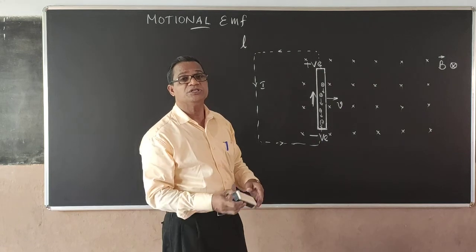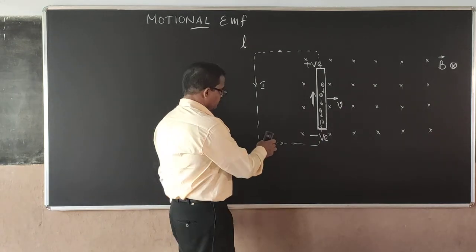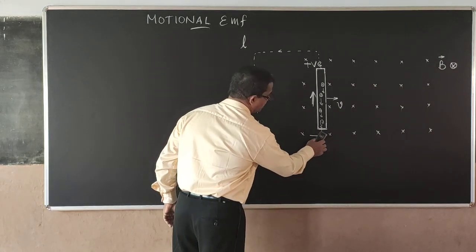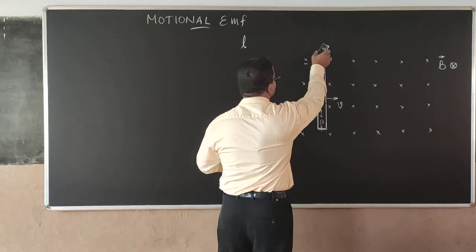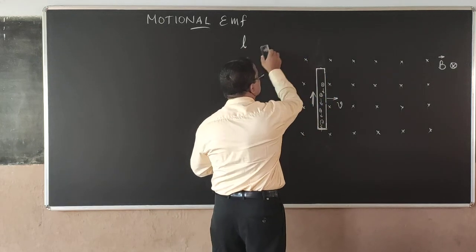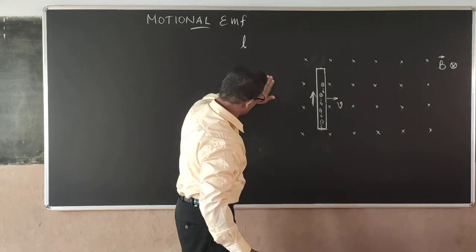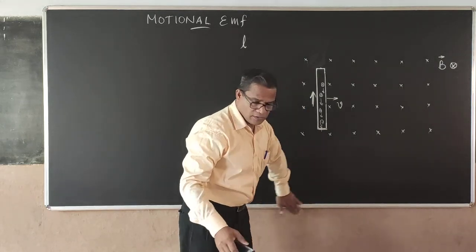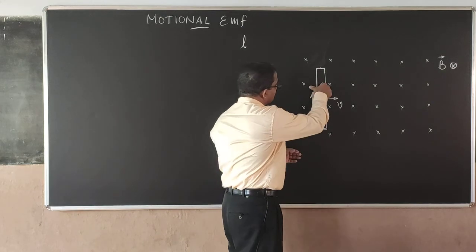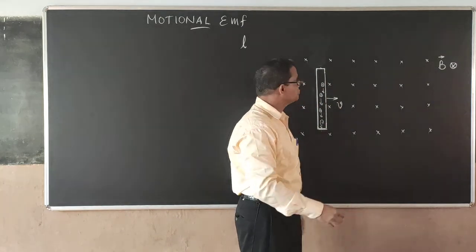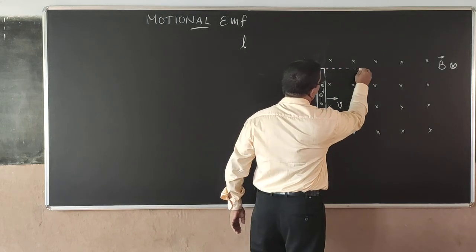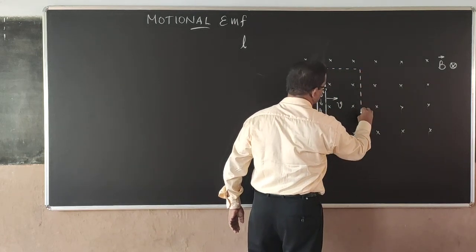Now, what is the equation for induced EMF? Let us see from this itself. To find the induced EMF, let us take Faraday's law again. As you move the conductor along this direction, let us say through a distance x.